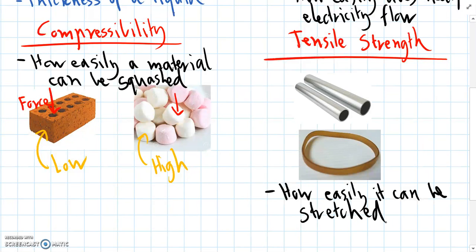So a lot of materials like metals, they're not very easy to pull apart. If you pull on an iron bar and try and pull it apart, you won't be able to move it at all. So metals, they have a high tensile strength, or in other words, they're strong. But something like rubber, which is designed to be easy to pull apart, they have a low tensile strength.